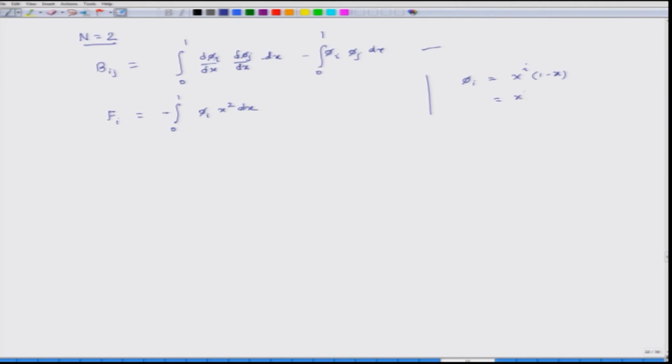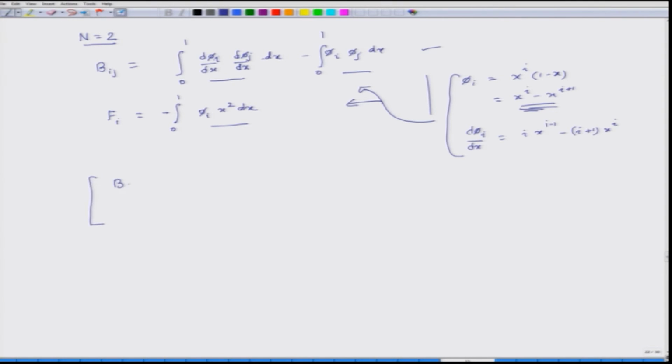So, that is equal to x to the power of i minus x to the power of i plus 1. So, I can substitute this relation in these equations, and I can very easily calculate the B matrix and the F matrix. Okay. Because I can also write d phi over dx is equal to i times x to the power of i minus 1 minus (i plus 1) x to the power of i. So, I make all these substitutions, and I can calculate my B matrix.